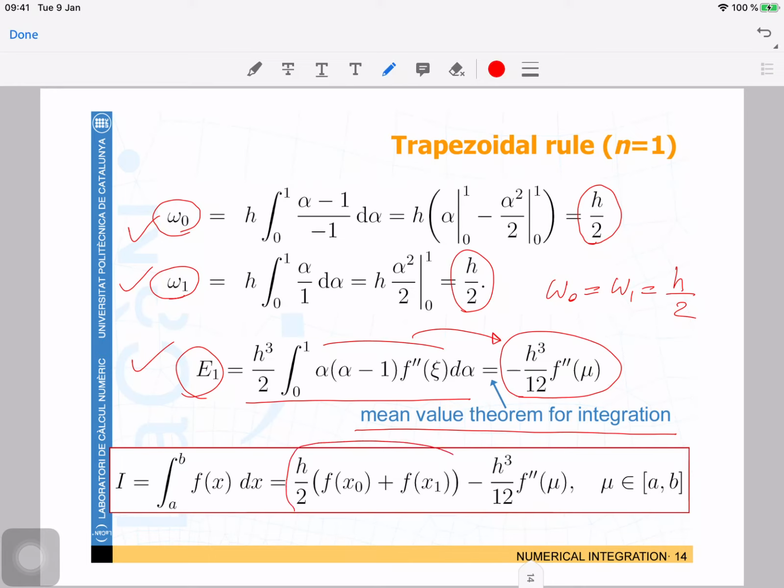Here, this is the sum term, W0 f(x0) plus W1 f(x1). And since W0 and W1 are the same, h over 2, we have this term, the first one, and the error term also, you can see it here.